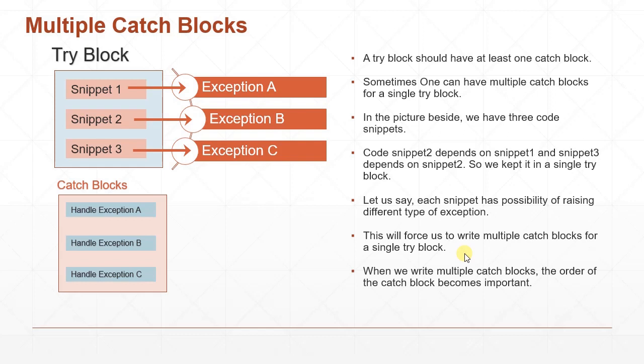There are multiple possible orders we can make with these three exceptions. The order is important, so we cannot keep the exceptions in a different order in all cases. Sometimes it is possible, sometimes it is not. So let us explore when ordering is important.